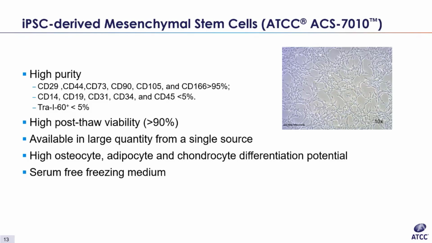Since they come from a single clone, they will be available in large quantities. And they also show high osteocyte, adipocyte, and chondrocyte differentiation potential. I should note that we are using serum-free media to cryopreserve these cells.